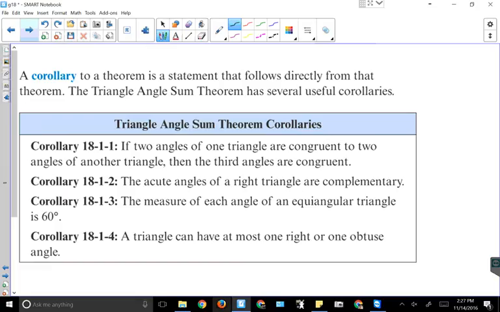Well, they have to add up to 90 degrees. The measure of each angle in an equiangular triangle is 60 degrees. So the nice thing is, if you see that you've got a triangle with two 60-degree angles, you automatically know the last one is 60. Okay? And a triangle can have at most one right or one obtuse angle. Just the way it is.